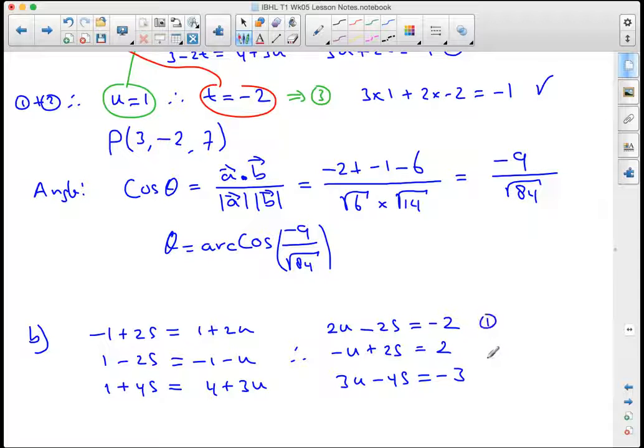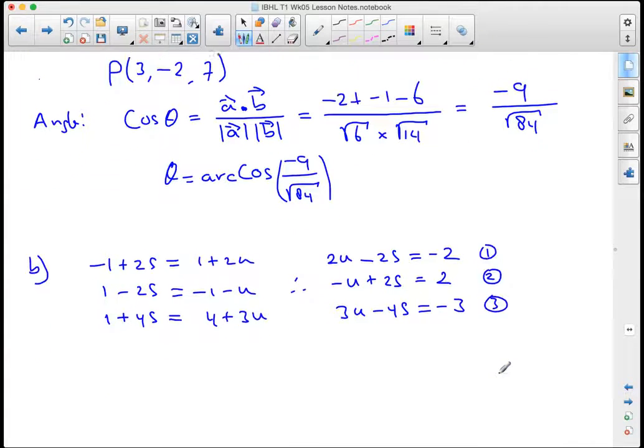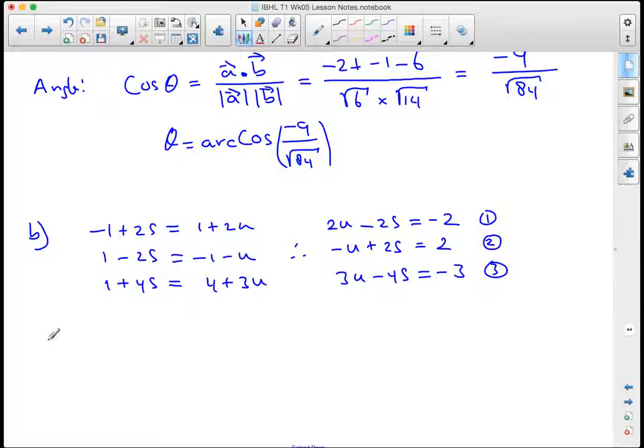Now again, I can add up 1 and 2. u take u is u. These two, the 2s, cancel out, they eliminate. And -2 plus 2 is 0. And that means that s needs to be 1, according to equation number 2.